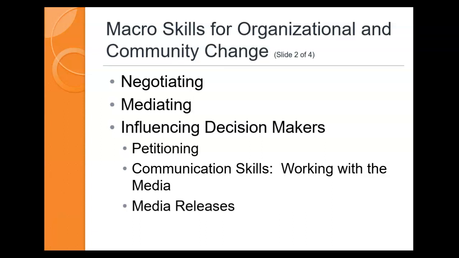You build contacts within the media, and have an idea of which media sources you want to go to. Next, you want to decide who's going to actually reach out to the media. Some agencies actually have media departments that take over this function. You also need to make sure that if you are going to be the one to speak to the media, that you're authorized to do so based on your policies and procedures.